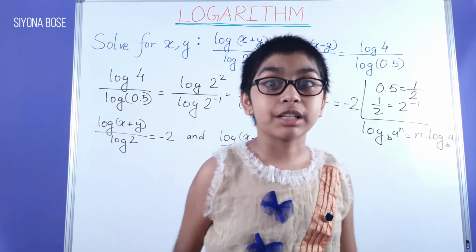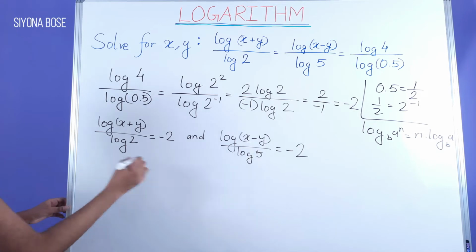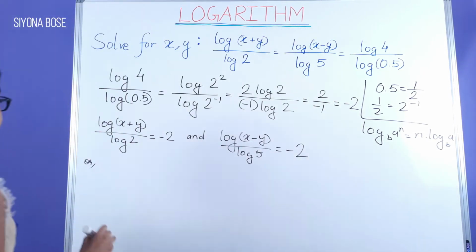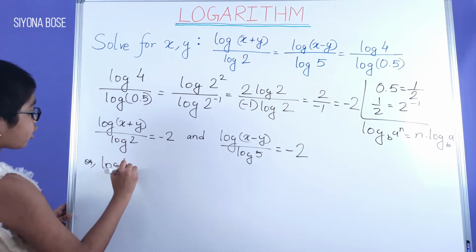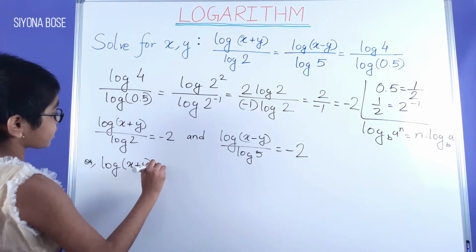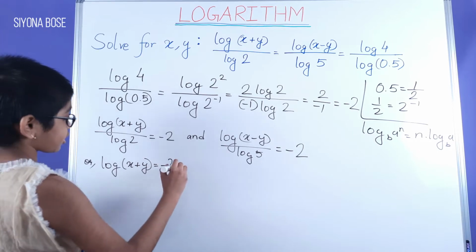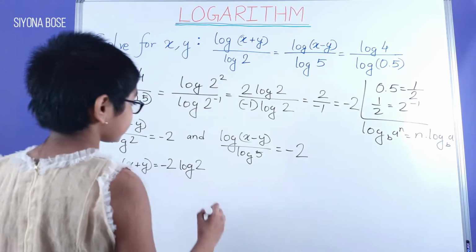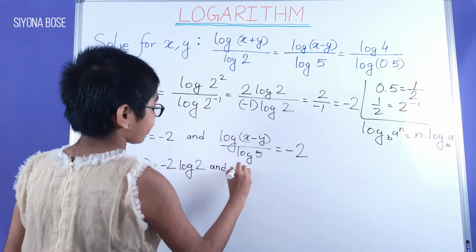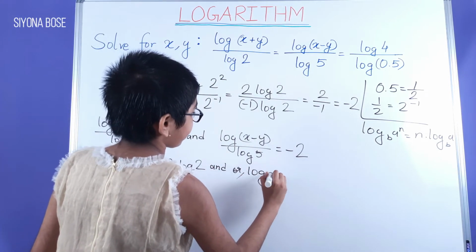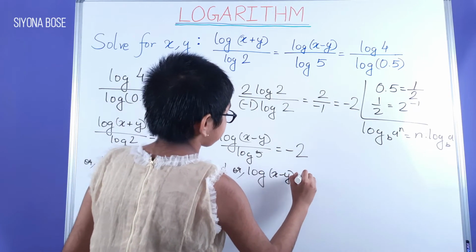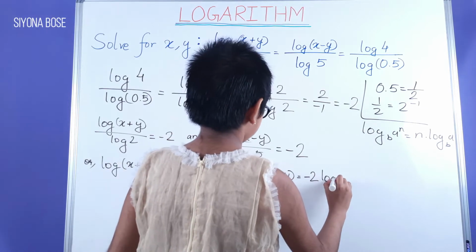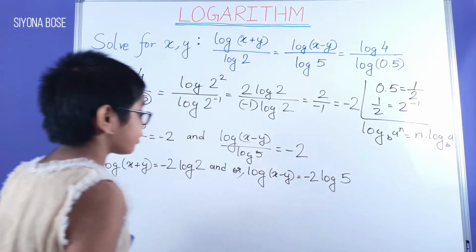Now let's solve these two equations. We cross multiply and we get log of (x plus y) equal to minus 2 into log of 2, and log of (x minus y) is equal to minus 2 into log of 5.